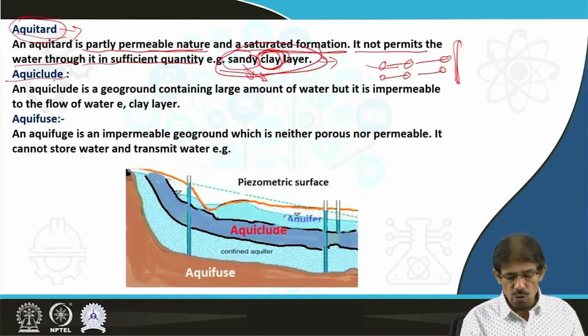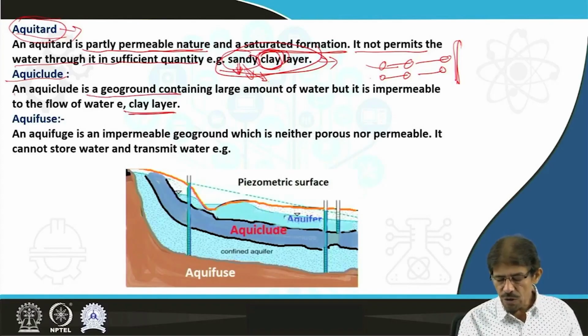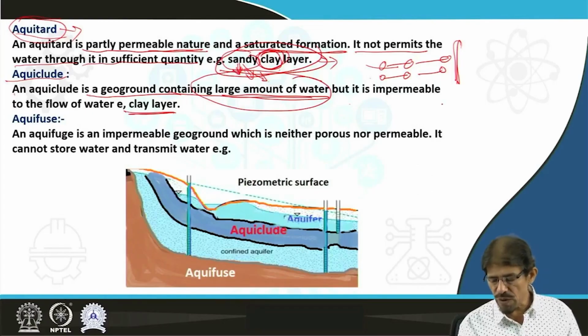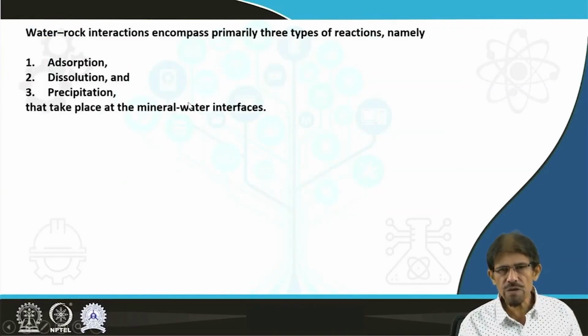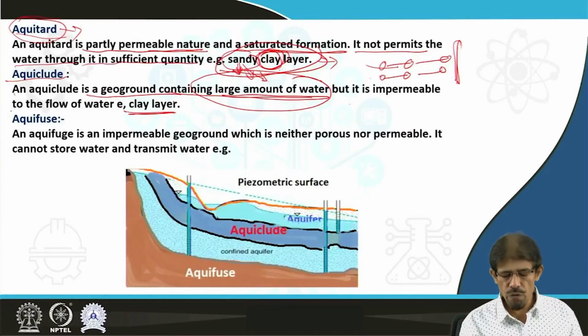Then the aquiclude is similar, but slightly different, because here there is no sandy material; the aquiclude belongs to clay material. It has capacity to store a large amount of water, but the stored water cannot move from one point to another due to the impervious nature of this ground regarding the flow of water.